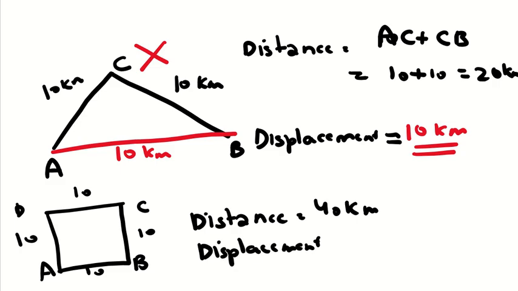He started from A and ended at A. That means logically the shortest distance traveled was 0. So the displacement came out to be 0. Okay, are you clear what is displacement? Displacement is the shortest path traveled by a body.